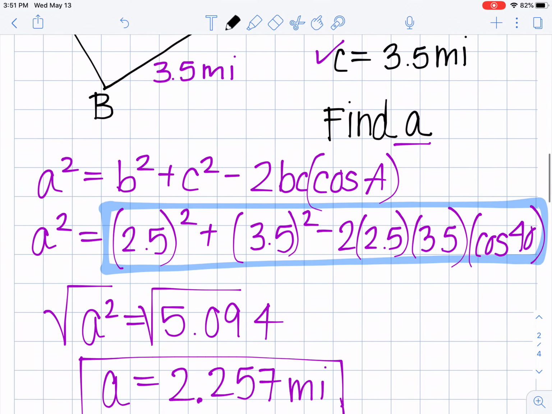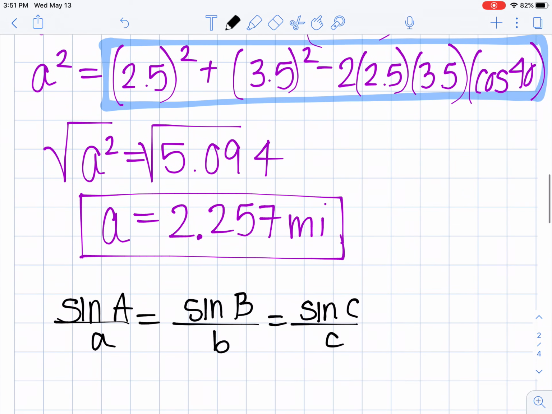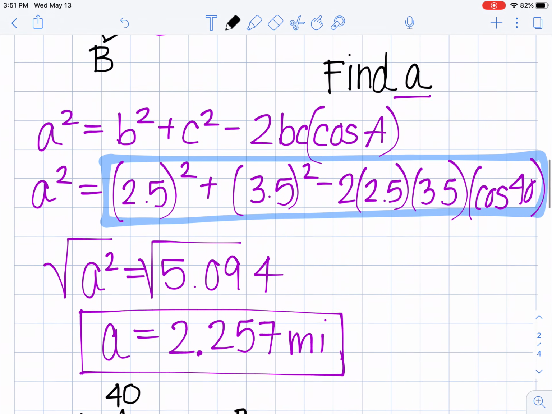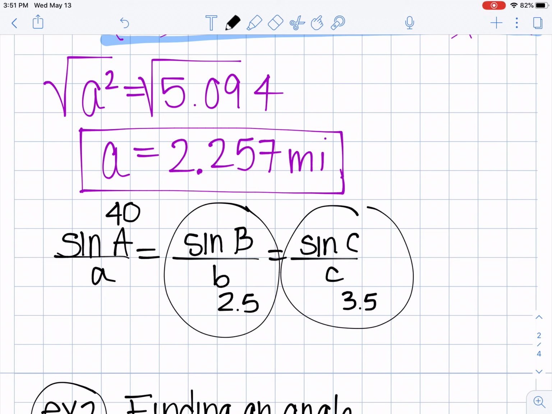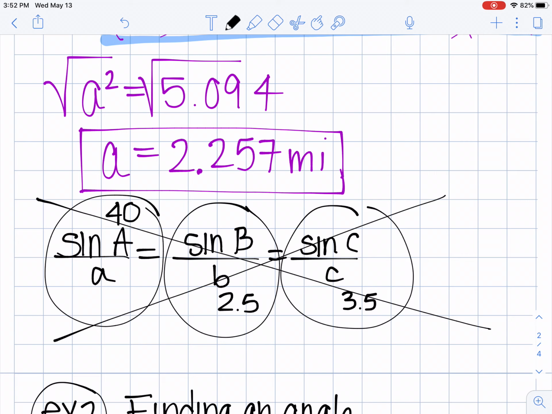I know that angle A was 40, I know that little b was 2.5, and little c was 3.5. I can't use law of sines because I don't have a full ratio. Here I'm missing my angle C, here I'm missing my angle B, and here I'm missing my side a. So I can't use law of sines because I don't have a full ratio I can use for my proportion. That's how you know you can't use it.